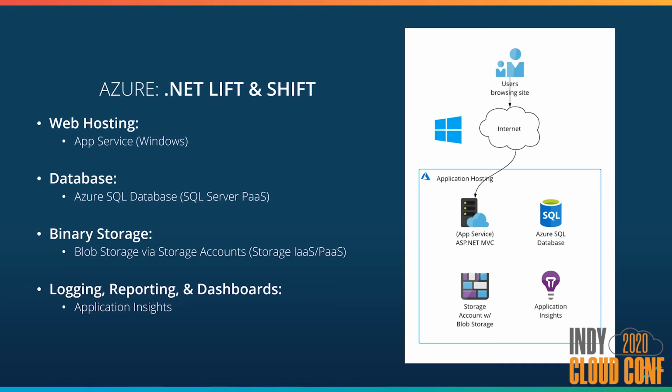And then there is this thing called Azure SQL Database. That is the Azure version of SQL Server. So it's something that you can generally very easily migrate a SQL Server-based database up into Azure and just have it hosting with very minimal changes, if any. And then there is also a thing called a storage account for storing blob storage, whether it means files on disk or what have you.